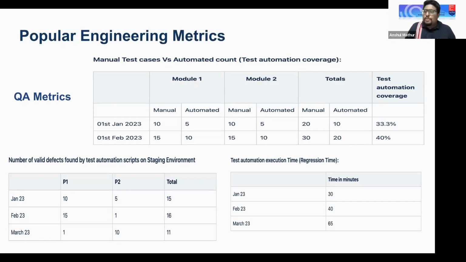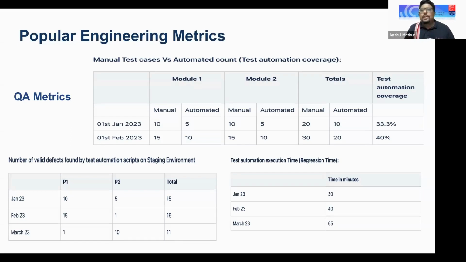Now, what it will help you do over a period of time is compare the proportion in which your number of tests are increasing in the test automation suite versus the amount of time increasing, right? So you can figure out whether you need to parallelize your tests more if your regression time is getting increased, or if you need to do some vertical scaling or horizontal scaling, or just your code needs a lot more refactoring.